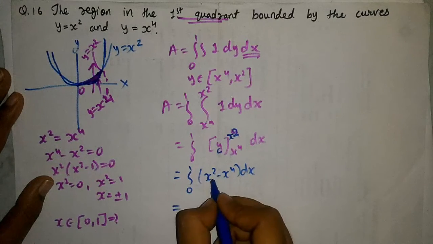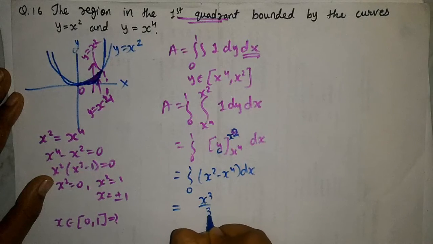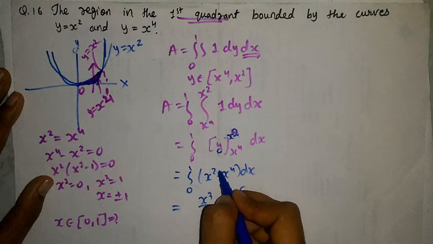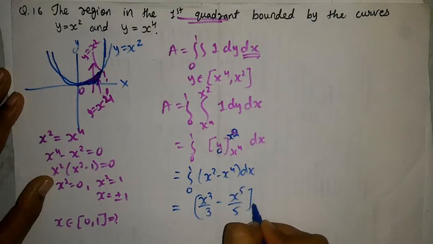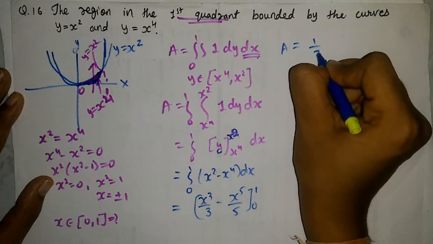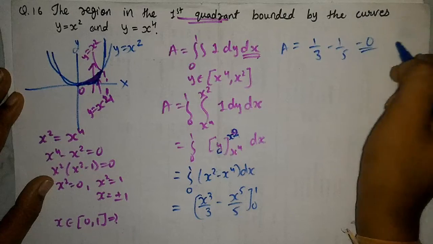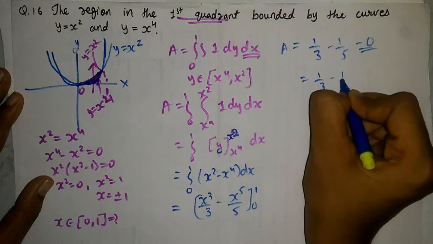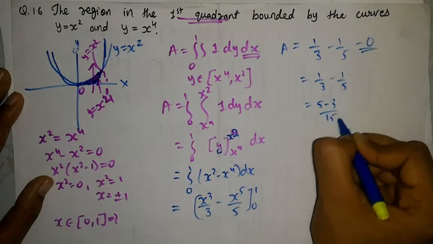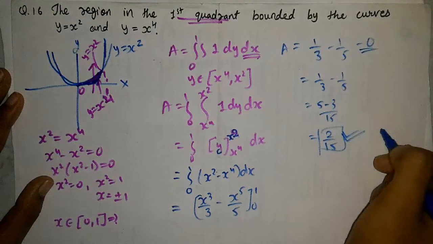Now integrating this term x square minus x raised to 4 with respect to dx, we get x cube by 3 minus x raised to 5 by 5, with limits from 0 to 1. Now put the limit, we get area is equal to 1 by 3 minus 1 by 5 minus 0, and it will remain 0. That is equal to 1 by 3 minus 1 by 5. Now taking the LCM, 5 minus 3 by 15, that is equal to 2 by 15. So 2 by 15 is our answer.